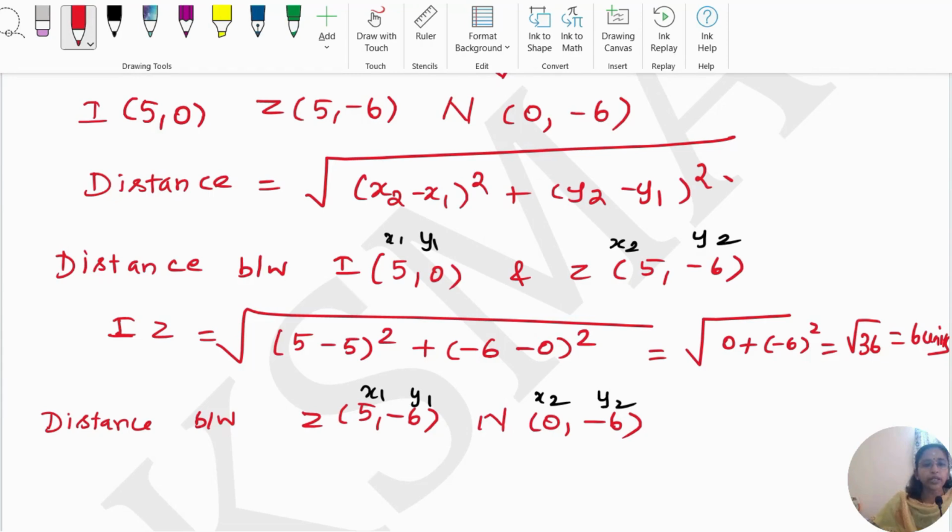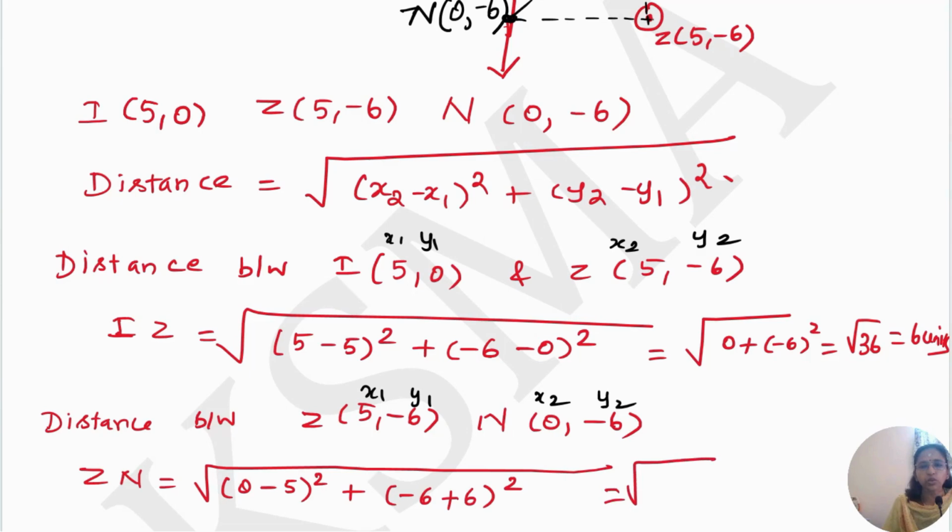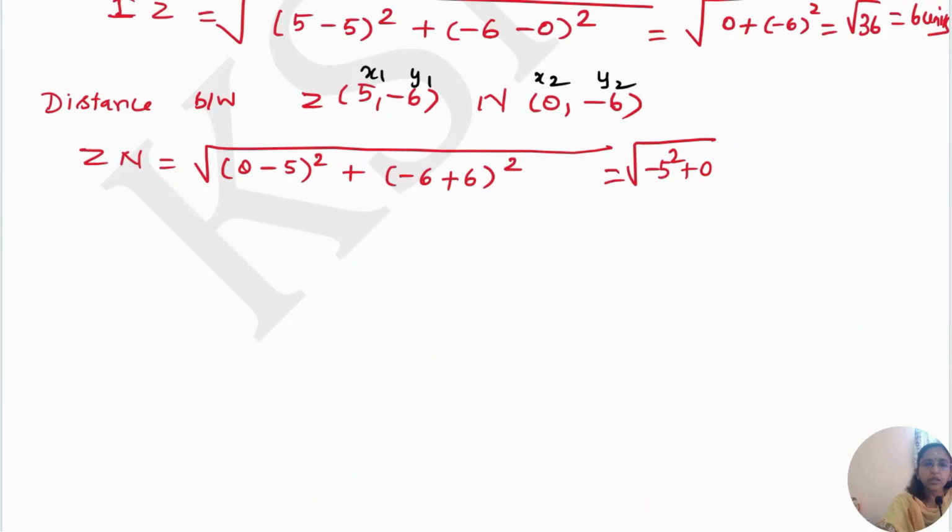ZN is equal to the square root of (x2 minus x1) the whole square plus (y2 minus y1) the whole square, and minus of minus is plus. So it is root of (-5) the whole square plus 0, which is root of 25, equal to 5 units.